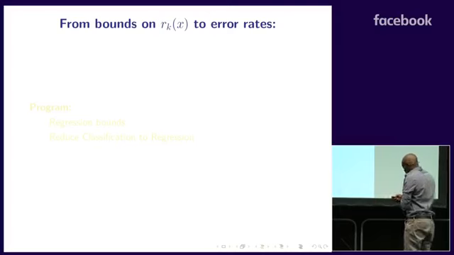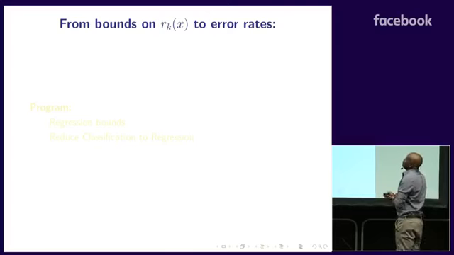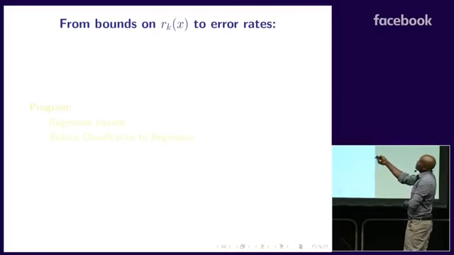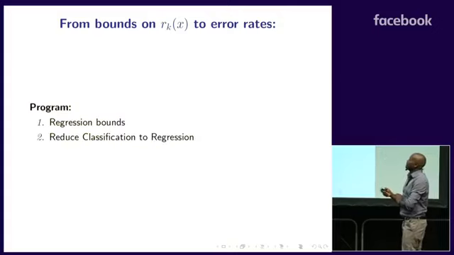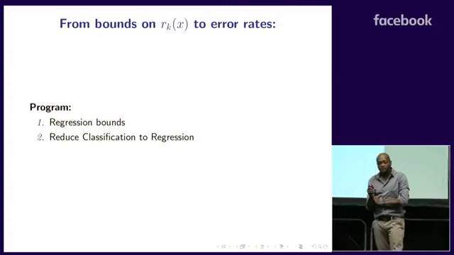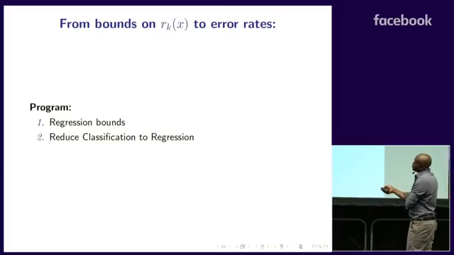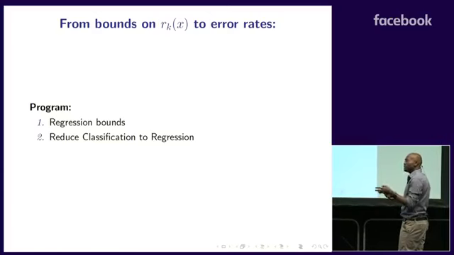So we want to go from bounds on r_K(x) to error rate. The plan of construction will be the following. I'll start with regression bounds and explain the basics of how we obtain them. And then from there, I'll get classification bounds by reducing classification to regression through a simple reduction.